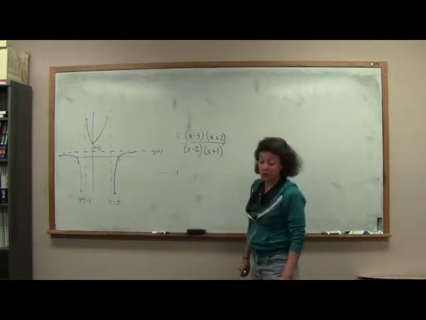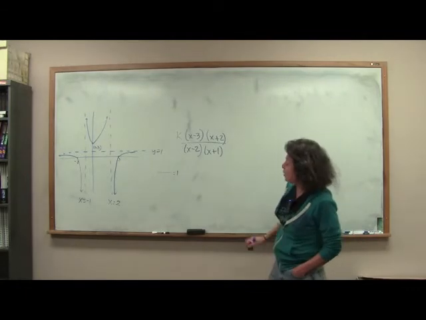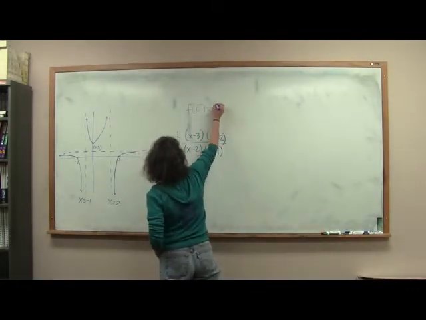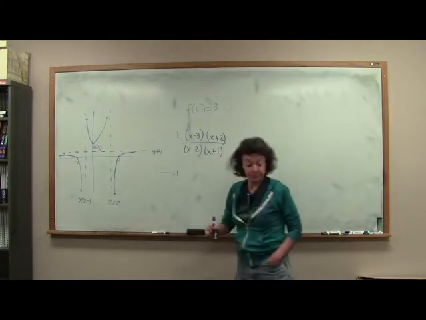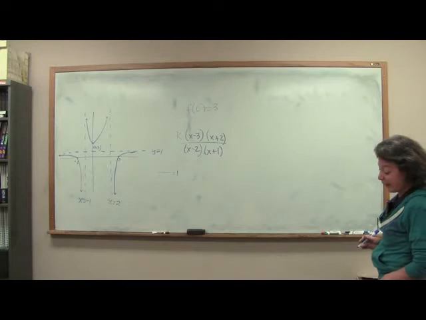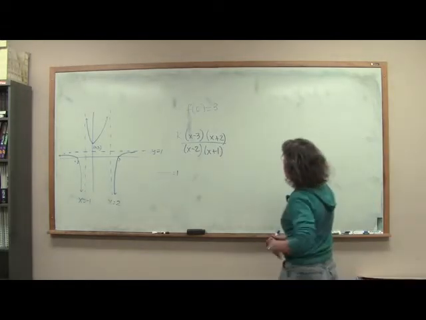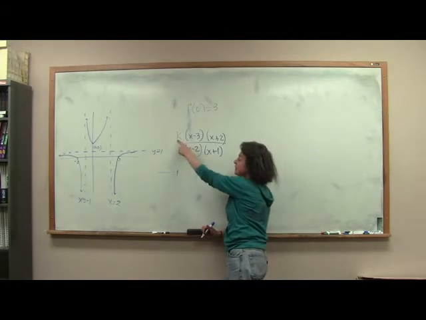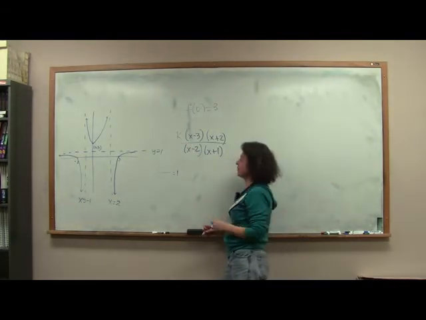Now, what is our one checkpoint? Our one checkpoint is that f of 0 is equal to 3. So, let's see what happens here. Let's plug in 0 and see if already it works, because then we don't really have to solve anything for k.